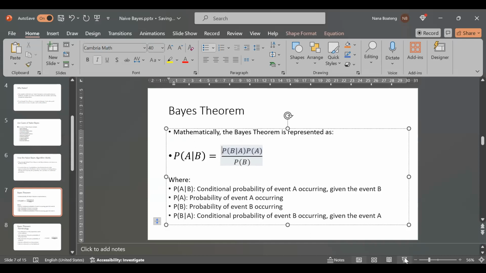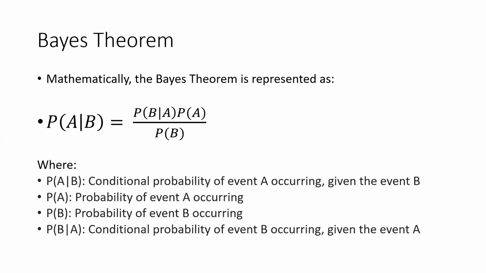So if you want to find the probability of A given B, it is the probability of B given A multiplied by the probability of A, divided by the probability of B. The probability of A given B is the conditional probability of event A occurring, given that event B has already occurred.